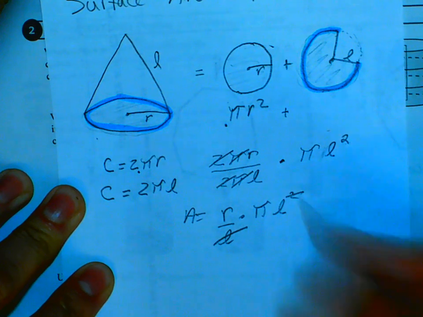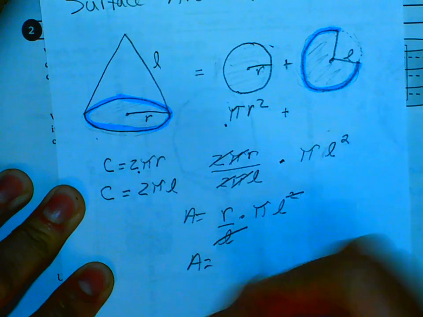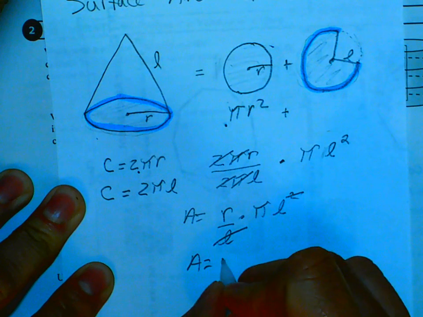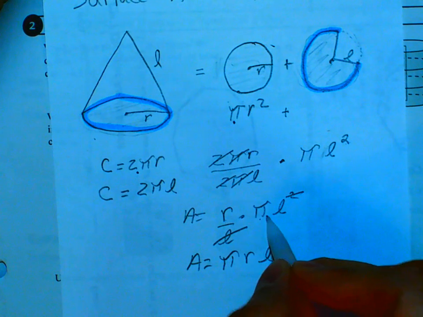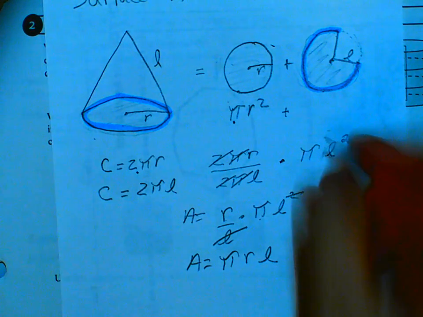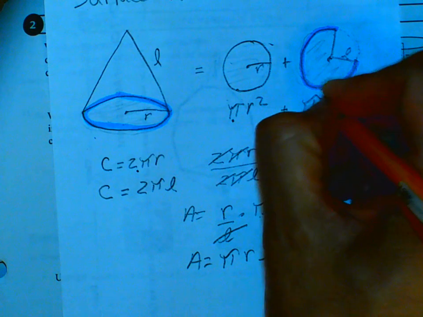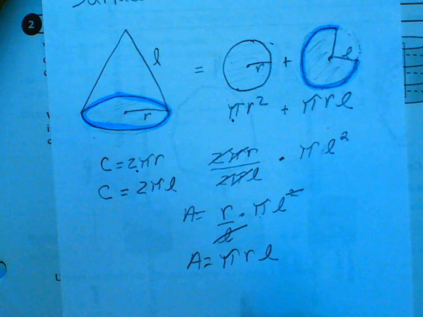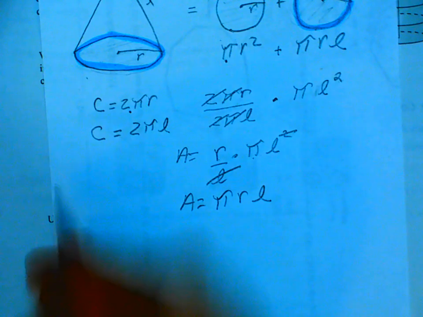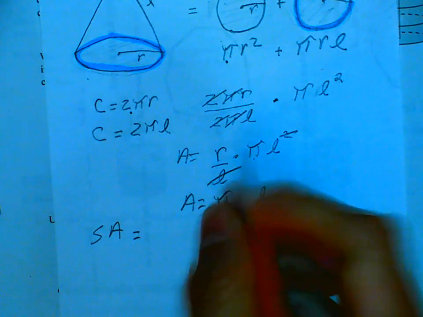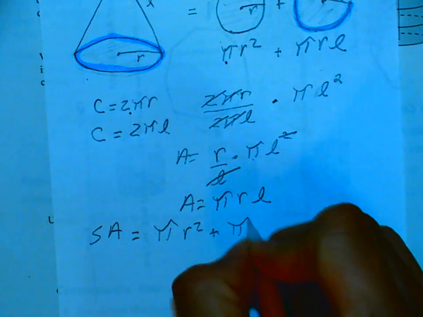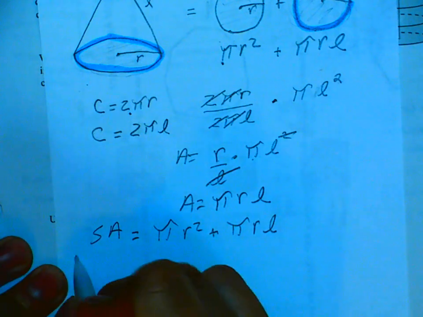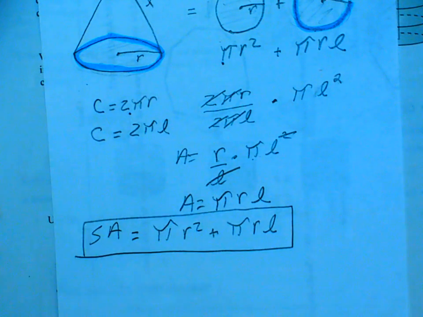The L right here divides out, giving me the area of that piece as pi r L. All I'm doing is moving this to the front and leaving the L the same. So the area of this figure is pi r L. Finally, we have an equation for the surface area of a cone, and that is pi r squared plus pi r L. This is the equation for the surface area of a cone, and this is what we're going to be using in the next examples.